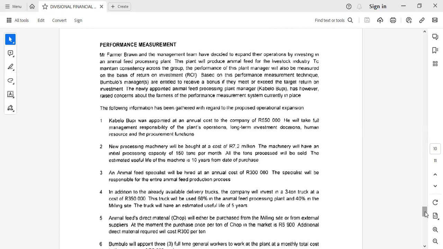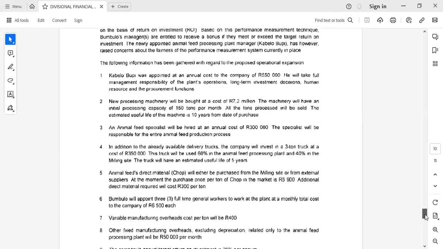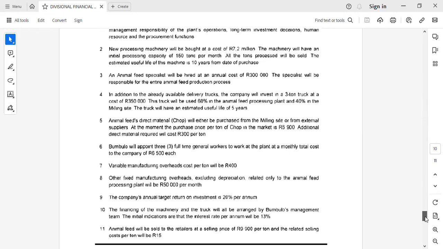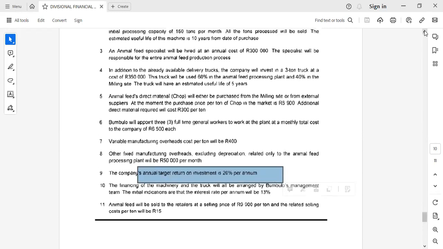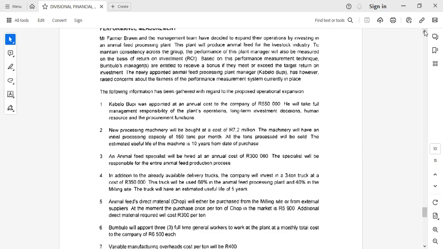Right. Let me just make sure that we... The company's annual target return on investment is 20% per annum, or number 9 here. Right, so let's read and see. So that means we take our sales and then we subtract any controllable costs.